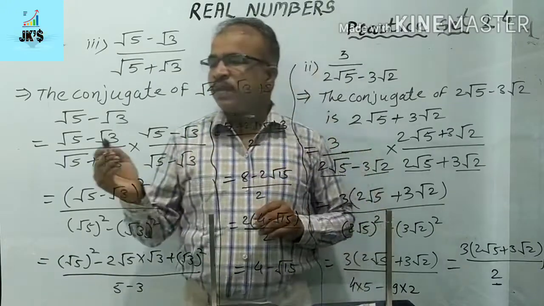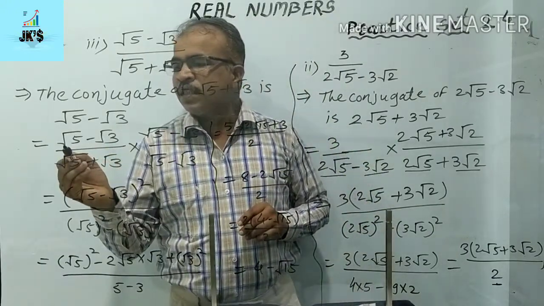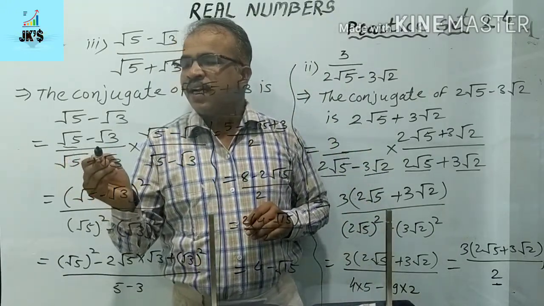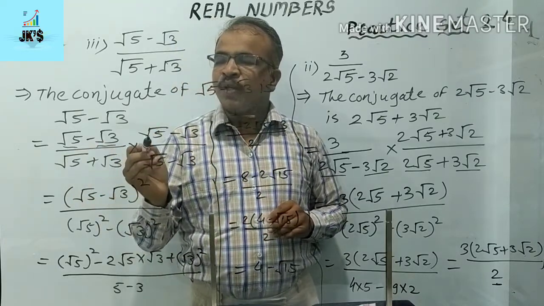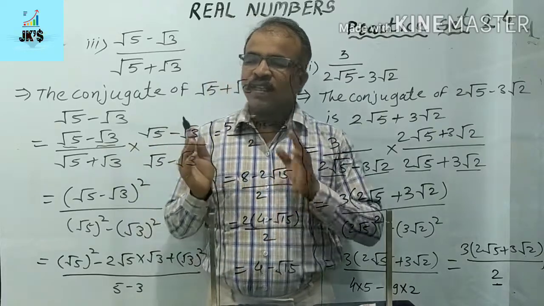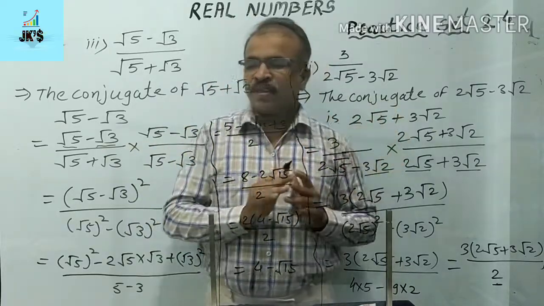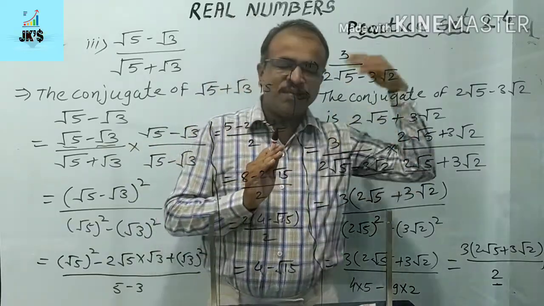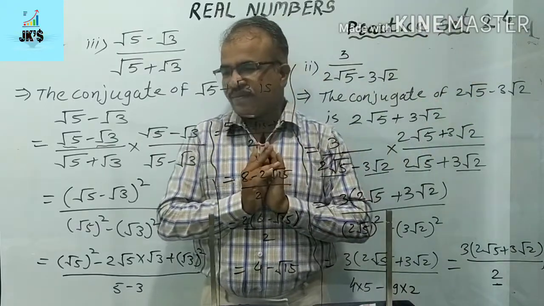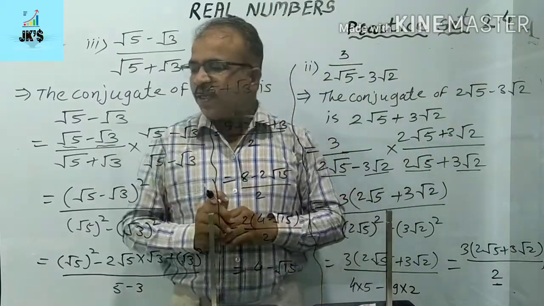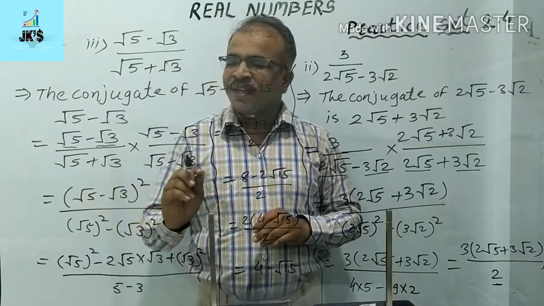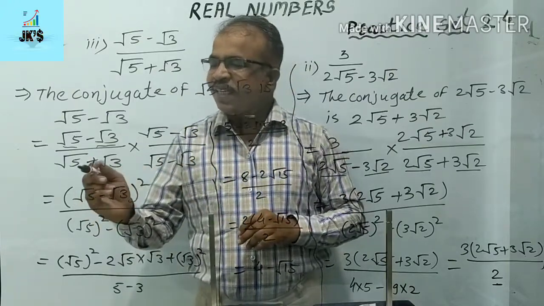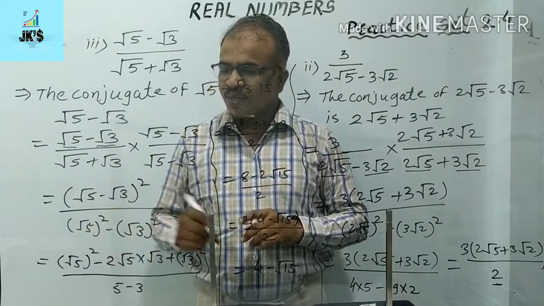So what happened here? Suppose root 5 is considered as A and root 3 as B. At the numerator, A minus B into A minus B, that is (A minus B) whole square. And at the denominator, (A plus B)(A minus B) means A square minus B square.